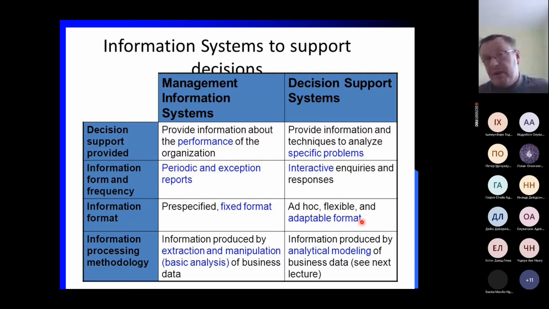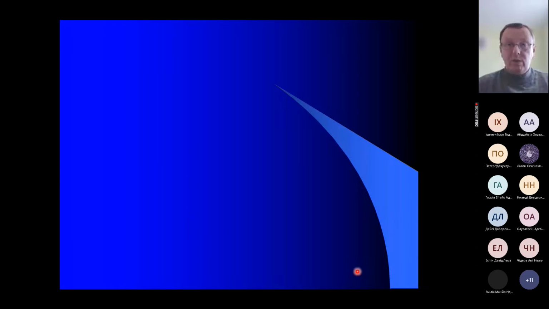Because with decision support, very often the results are from various scientific experiments and methodologies. With management we have various manipulation and basic analysis of business data, and with decision support we are speaking about results produced by analytical modeling of business data. So again, we talk about statistical models under hypothesis testing or regression analysis, when we reconstruct a mathematical model for our processes.